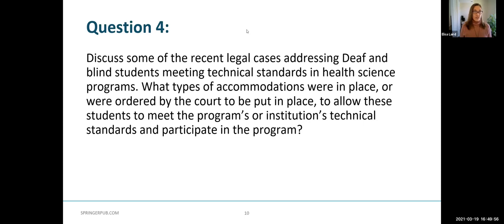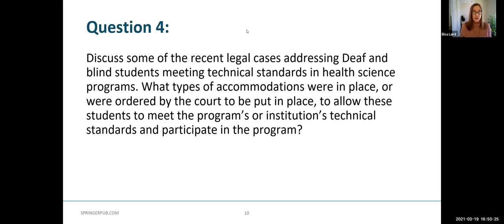And intermediaries are somewhat controversial, but certainly being used more and more. So that would be an intermediary for a vision issue. I mean, certainly sign language interpreters are an intermediary if we're being technical about it. So that's a long-standing intermediary, using a second human to serve a function for a student.